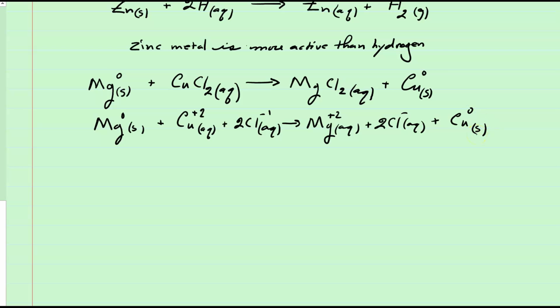And again, if we write the net ionic reaction, the chloride ions, of course, are spectator ions. So we have magnesium metal reacts with any source of copper 2 ions to form magnesium ions plus elemental solid copper.